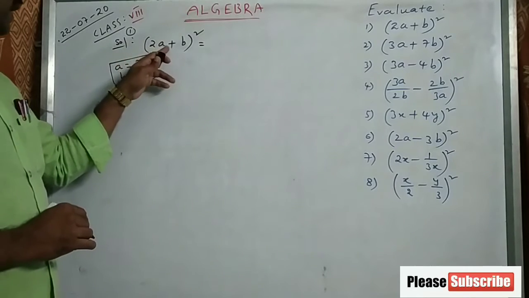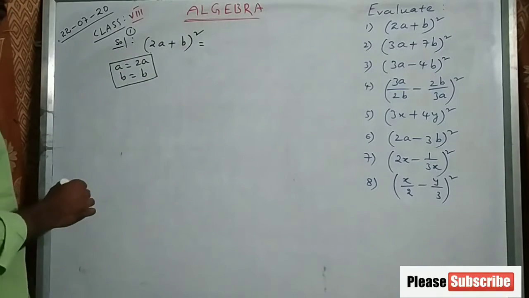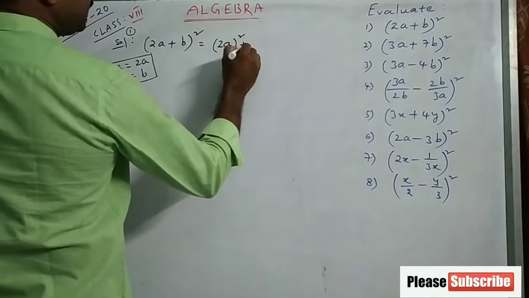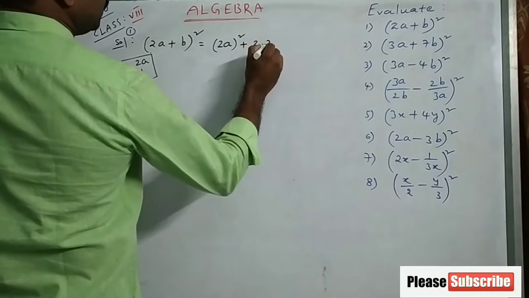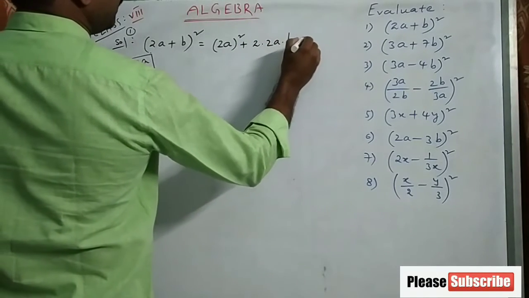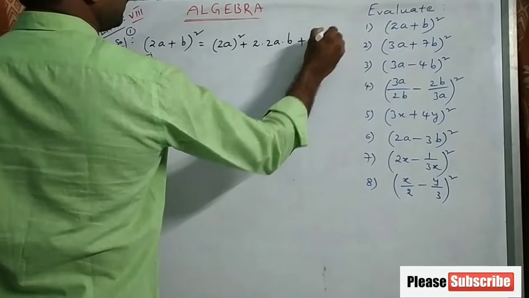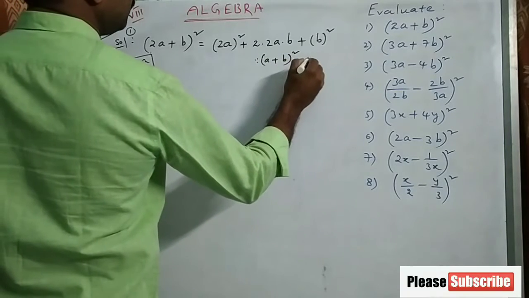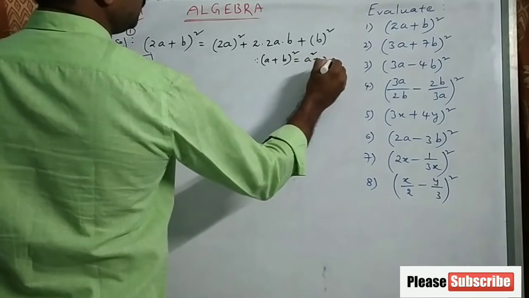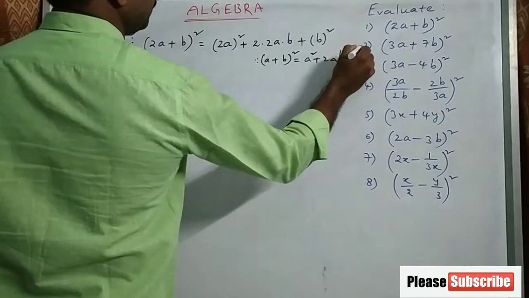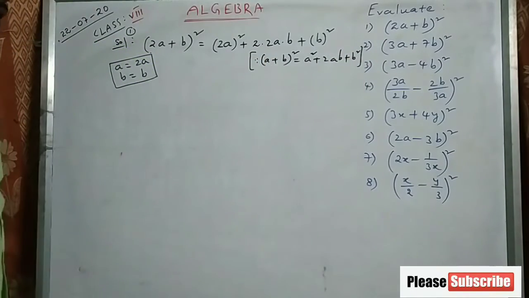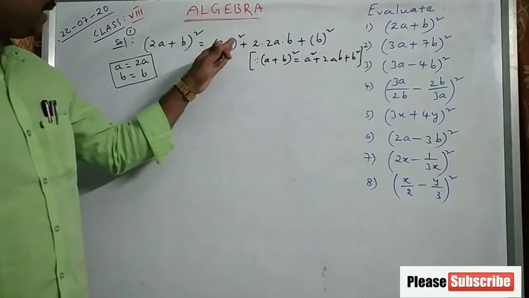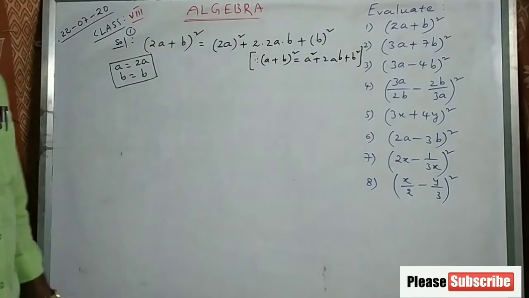You know the formula (a plus b) whole square equals a square plus 2ab plus b square. Clear?